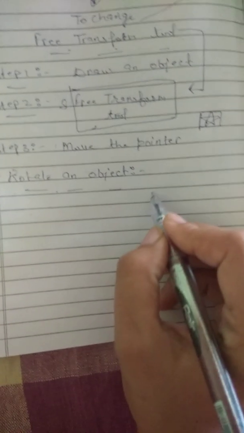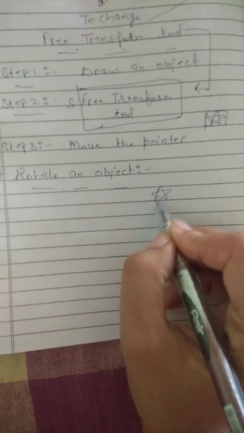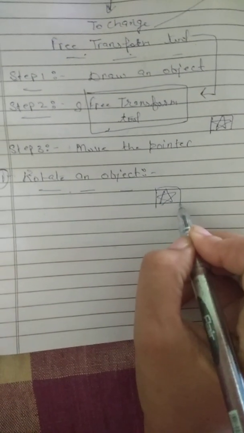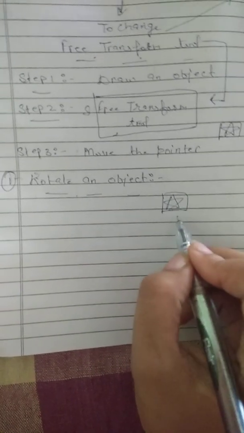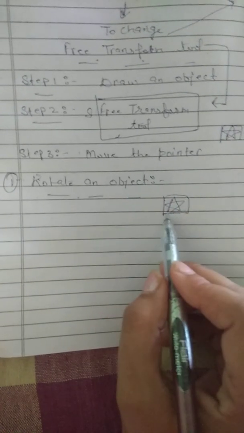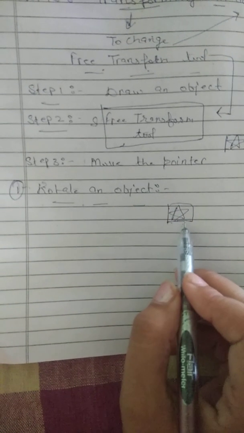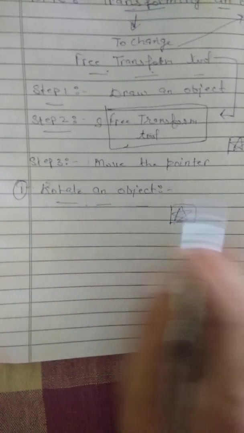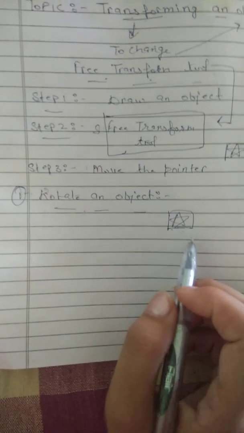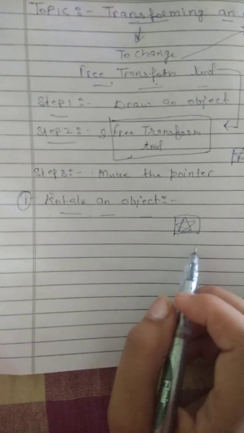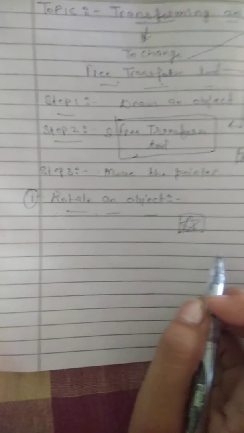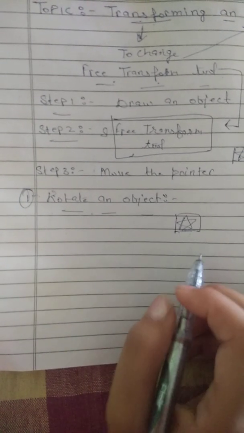Okay, like here is the object. If you want to rotate this object, then you have to rotate the 4 corners. So when the pointer changes into a curved arrow, then click and drag to rotate the object.